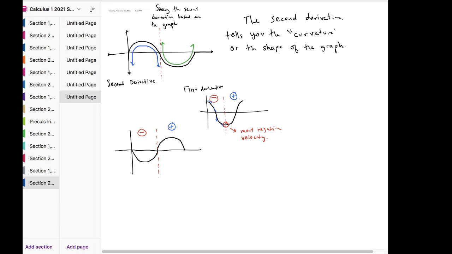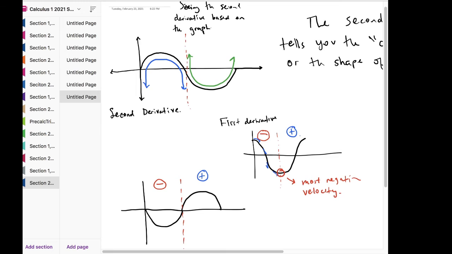So if you think about it, when you start moving, you're going really fast, and that's the fastest that you've gone once you start.